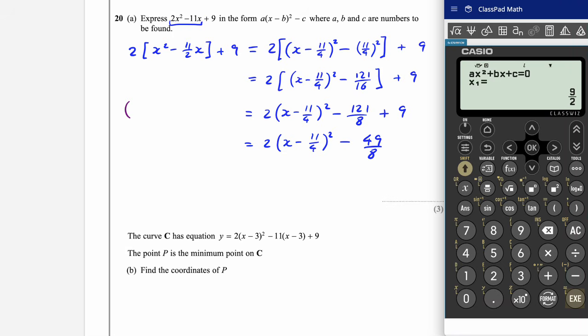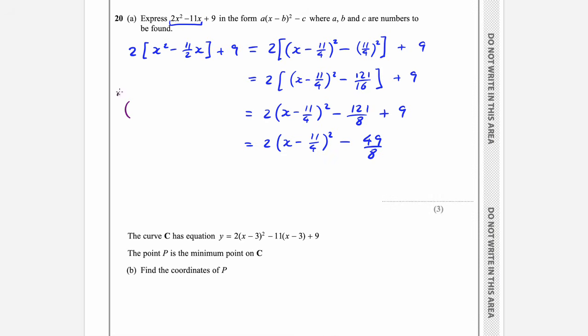And then my minimum is, no, sorry, that's not the minimum. My minimum is this, 11 over 4 and minus 49 over 8. So the min is 11 over 4, minus 49 over 8. So in this form, my a is always just whatever number goes before the x squared.